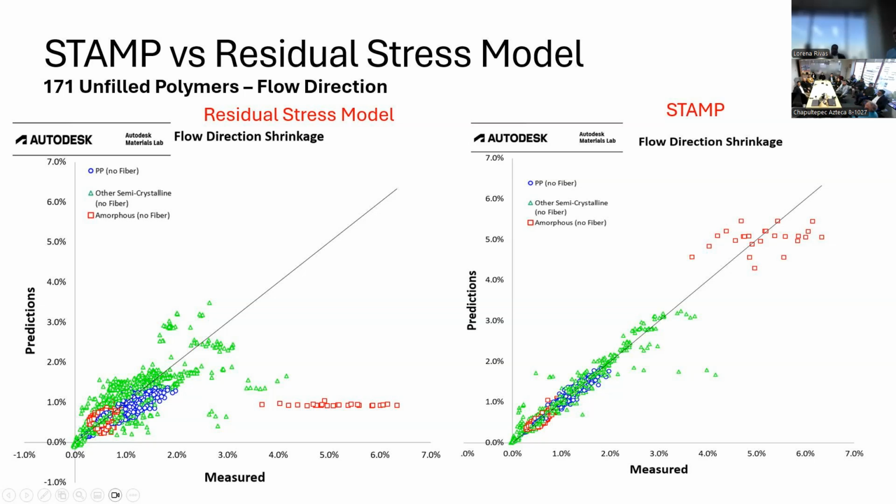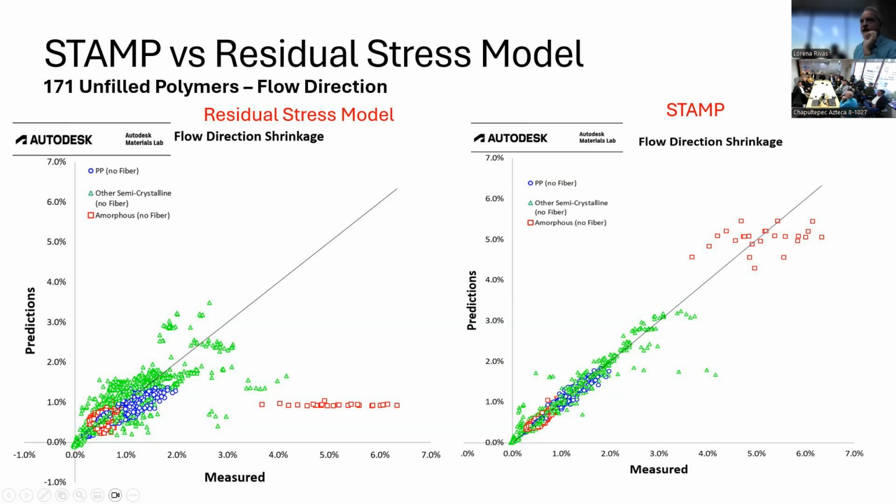Quickly, just to give you an idea of why this matters. A couple of slides here: this is for the residual stress model, the old default model, and this is for stamp. On the bottom, you find the measured data, and the predictions with the residual stress or stamp model are in a vertical line.